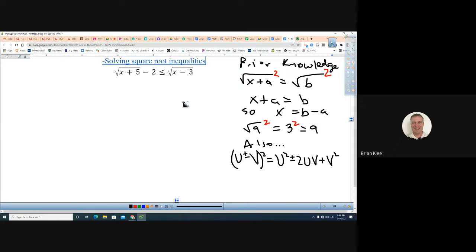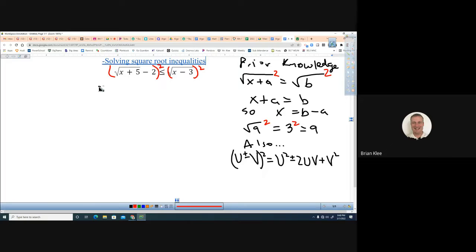All right. So applying that to this problem, the first thing we need to understand is that to cancel out the square root on the right side of the inequality, we need to square things. If I square one side, I need to square the other. And this is temporarily going to make the left side of the inequality much more complicated looking.